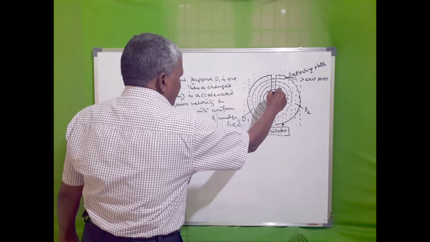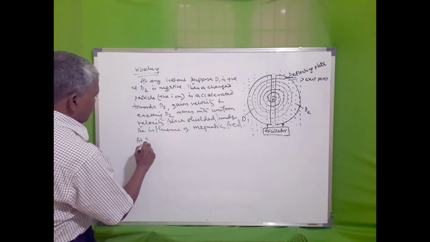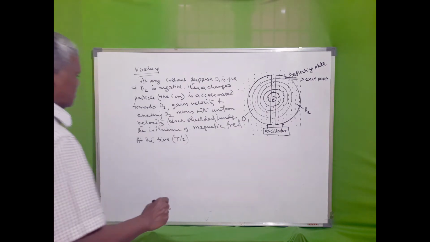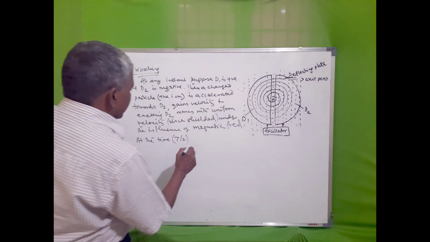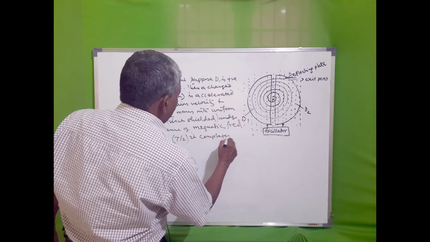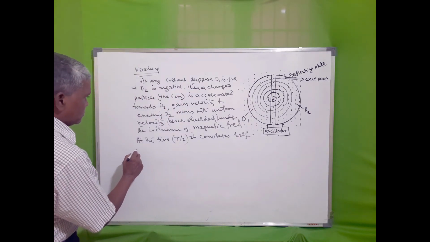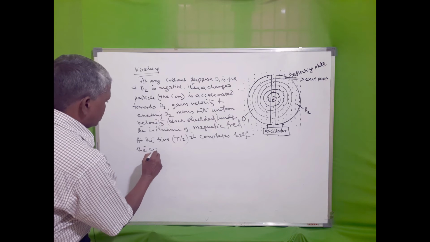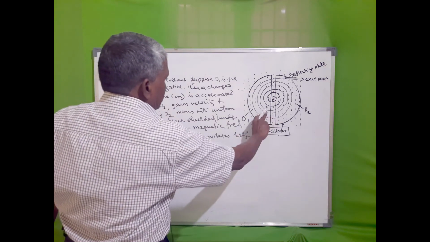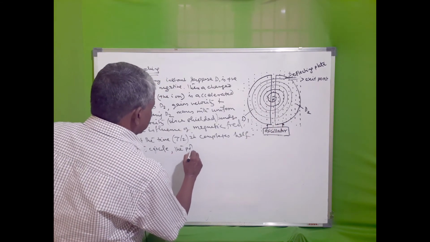At the time it completes half the circle, that is half of the time period, the polarity is reversed.